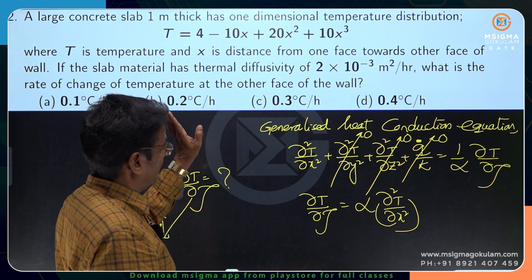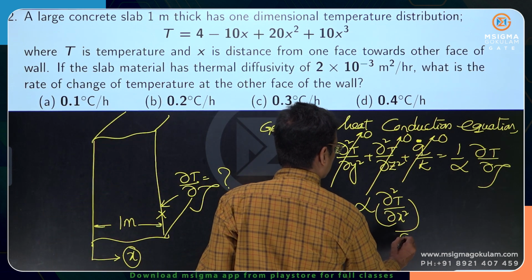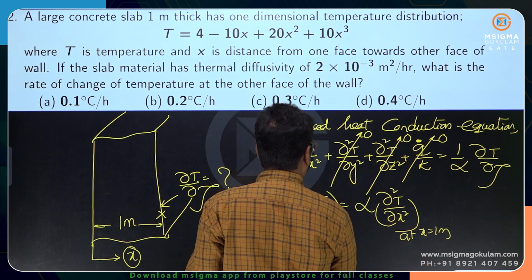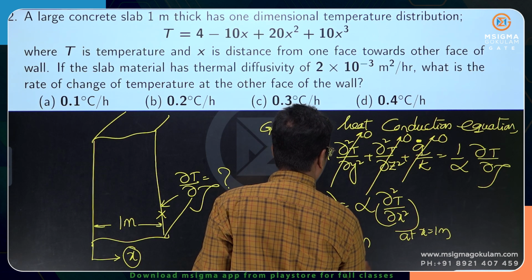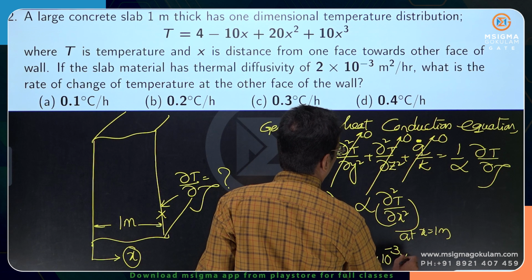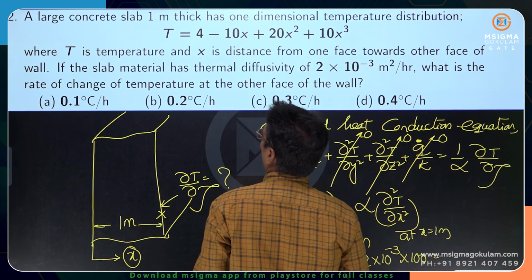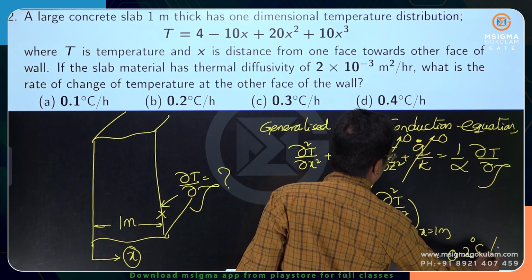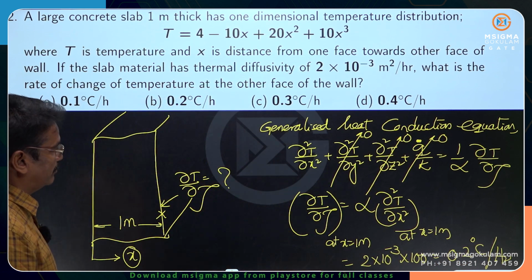So 60x plus 40, with x equal to 1 meter, that is 100. This equals alpha into 10 to the power minus 3 into 100, which becomes 0.2 degrees Celsius per hour. This is the rate of change of temperature.